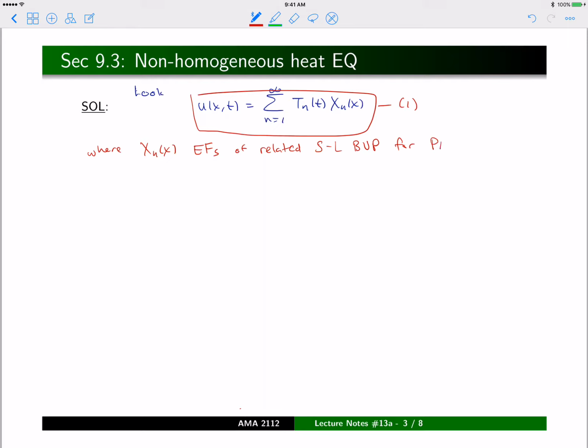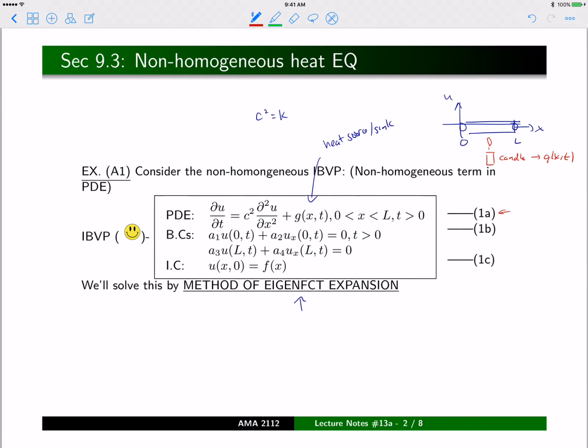for the homogeneous PDE 1a, that is, PDE 1a with g equal to 0.